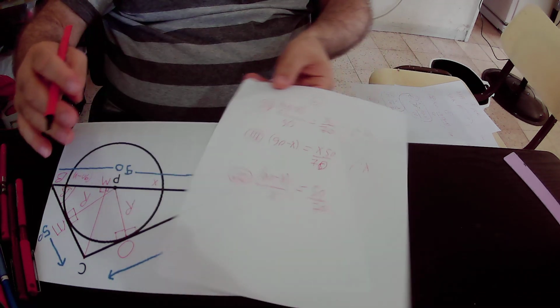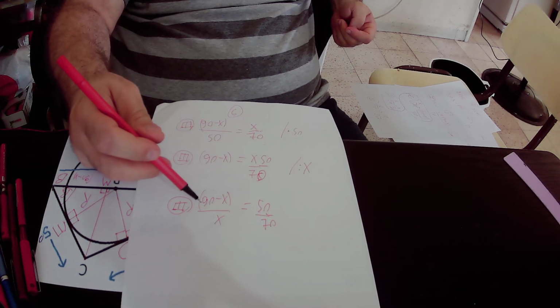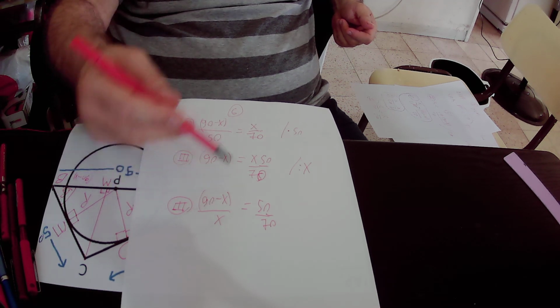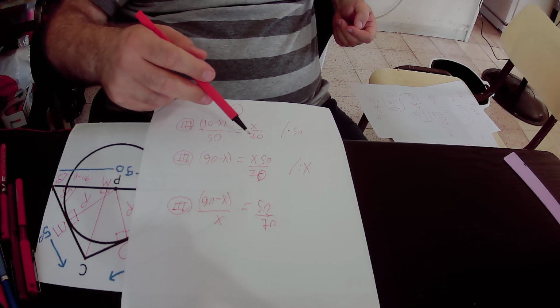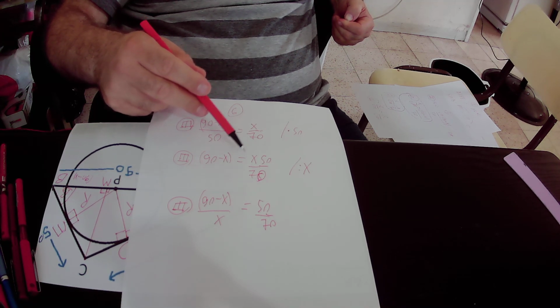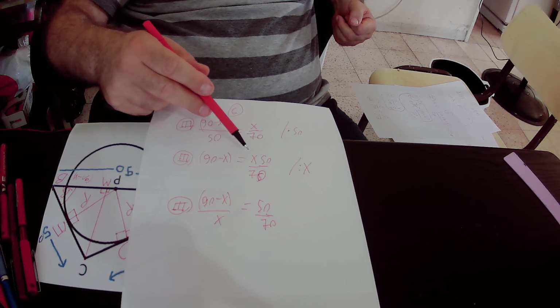Again, I repeat that 90 minus X divided by X equals 90 minus X over X, and here we have X divided by X. So we have X in the numerator, and we have also X in the denominator.